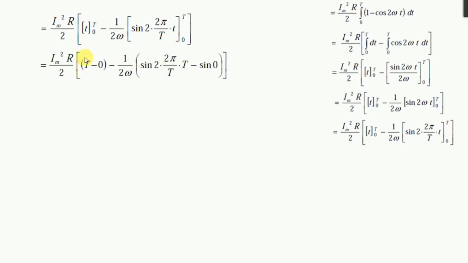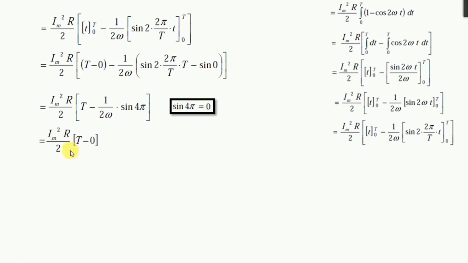So for this t I'll write upper limit T minus lower limit 0, and this side, instead of t I'll write upper limit sine 2 pi by T into T, minus I'll put 0 for this t, and you will get sine 0. Now T minus 0 is T, and if you cancel this T you will get 4 pi. So now sine 4 pi is 0, so you are left with Im square R by 2 into T.